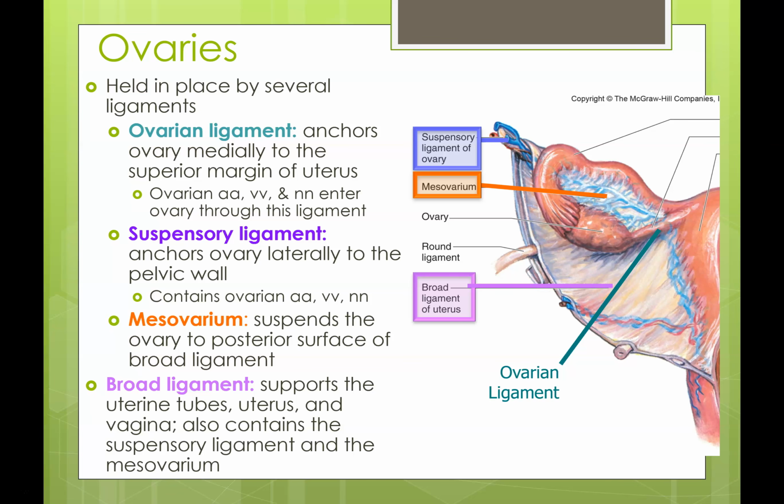So what does the broad ligament do on its own? It's going to attach the fallopian tubes up here, our uterus, and the vagina over to the pelvic wall, and it helps to support the suspensory ligament as well as those other ligaments we discussed, the mesovarium, mesosalpinx, and the mesometrium, and we'll see pictures of those ligaments in just a moment.